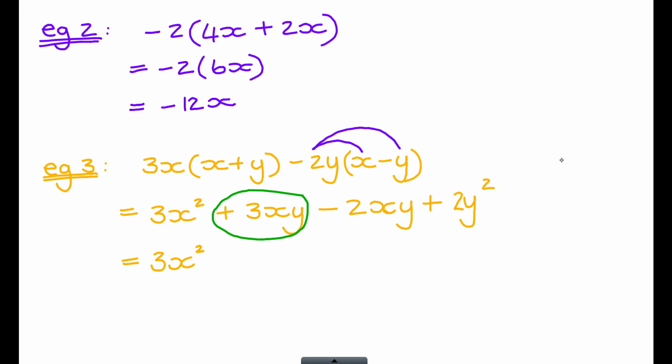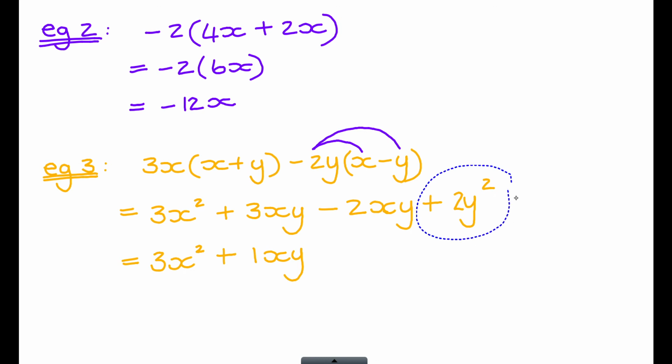So I'm going to say plus 1, we don't have to write, but if you want, x, y. Okay, then what was left here? Plus 2y squared. And that is then the final answer. I couldn't go any further than that because none of those are like terms. So that is fully simplified.